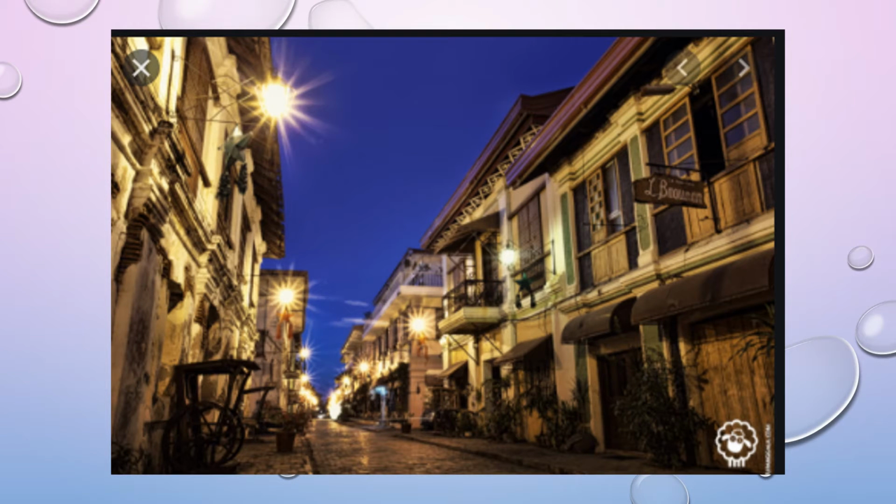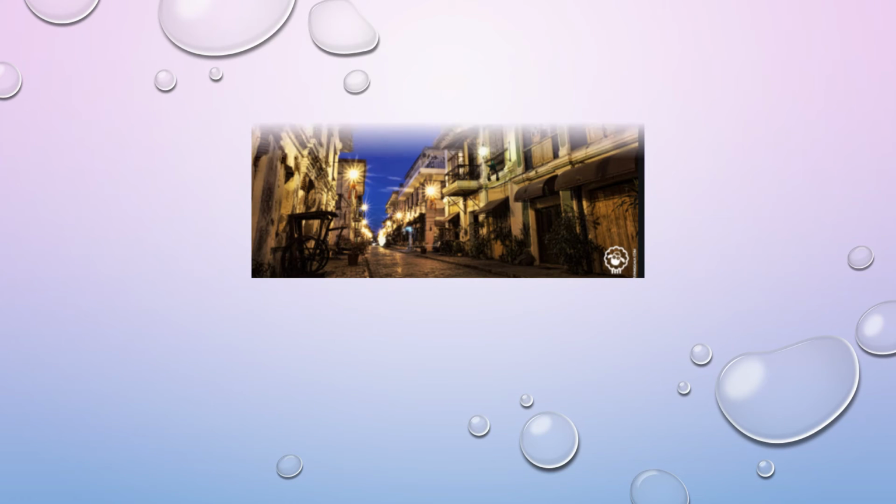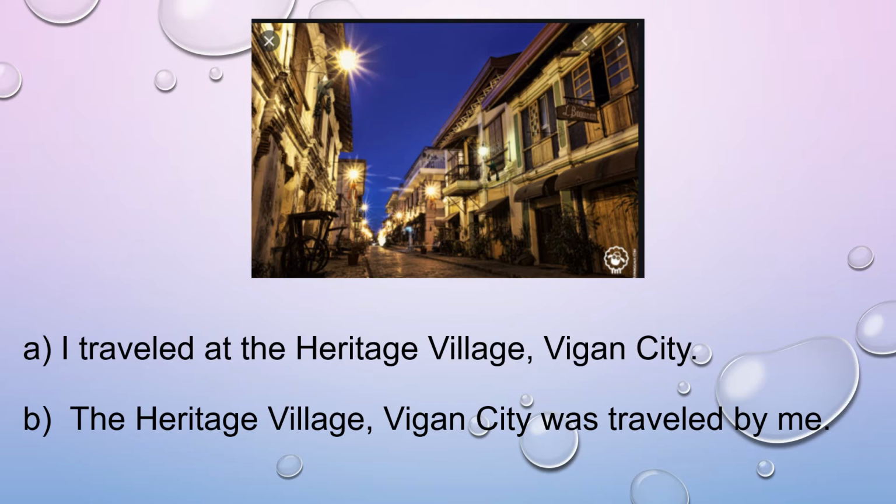How about the next picture? Do you know this place? Have you been here? Have you often visited Vigan City? This is what we call the Heritage Village in Vigan City. And in your module, we also have two sentences about the picture.